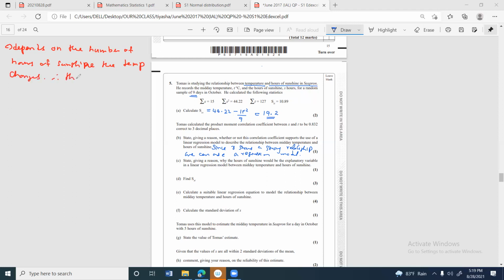Therefore, this is the independent variable or experimental variable. That's a fact we need to write for the answer to this question. Right. Okay. Because you know that the amount of sunshine does not vary by the temperature. Only the temperature varies with the amount of sunshine. So there is a reason for me to write the answer in this format.